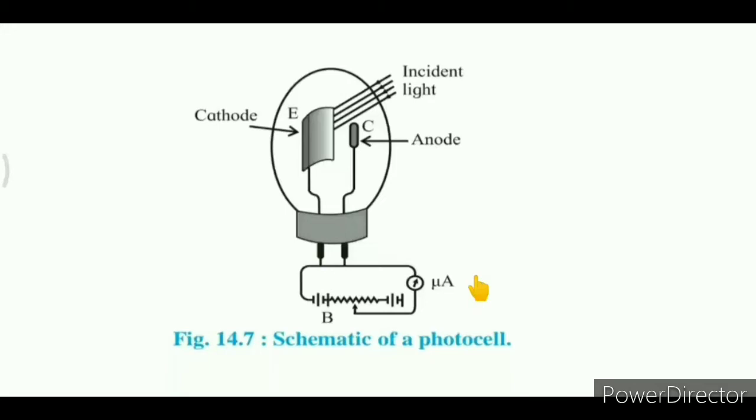These photoelectrons are attracted to the collector, which is positive with respect to the emitter. Thus, current flows in the circuit, and if the intensity of the incident radiation is increased, the photoelectric current also increases.